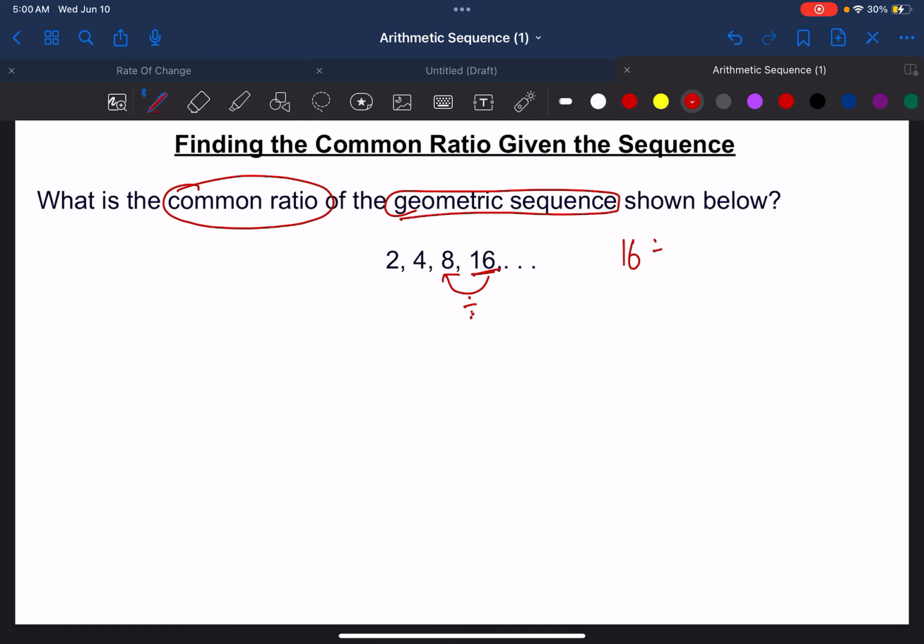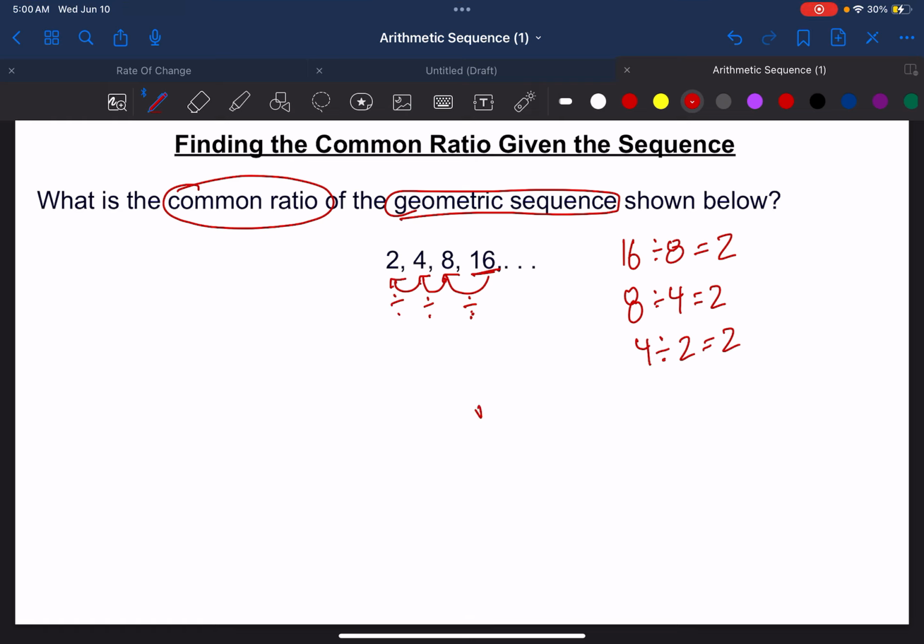So 16 divided by 8 gives us 2. Okay? And then if you want to be super careful and double check your work, just divide that number, in this case 8, by the one before it. We have 8 divided by 4, that gives us 2. And 4 divided by 2 gives us 2.